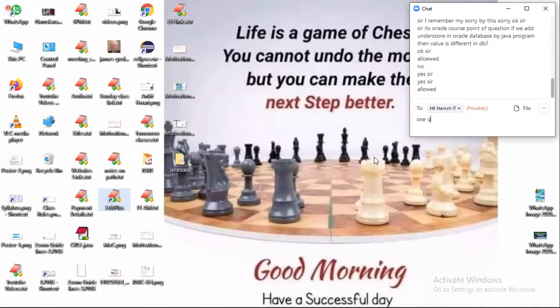This week I will take only 1 hour class. In all batches I am taking only 1 hour, so my throat is not cooperating. Tomorrow we'll start type conversions, type casting.